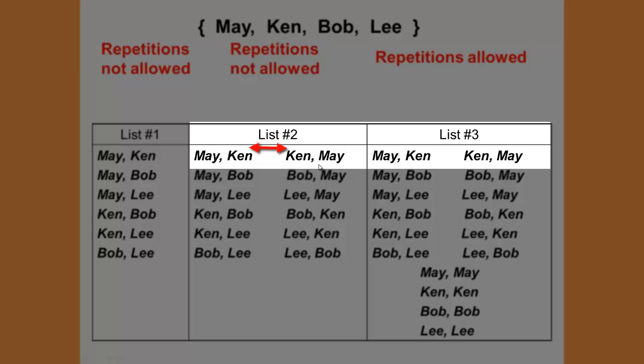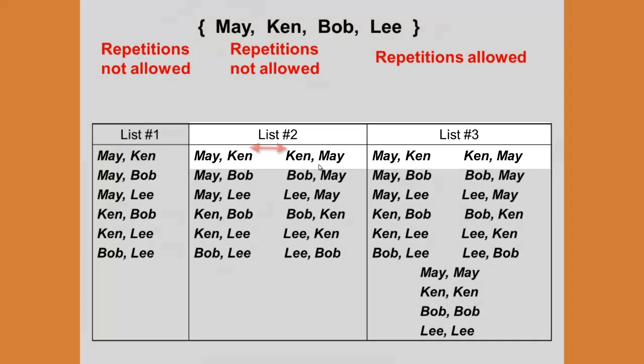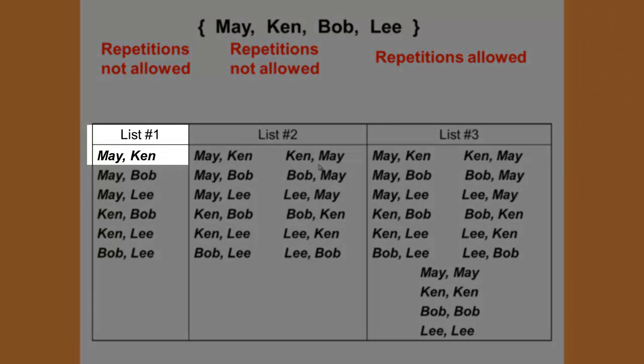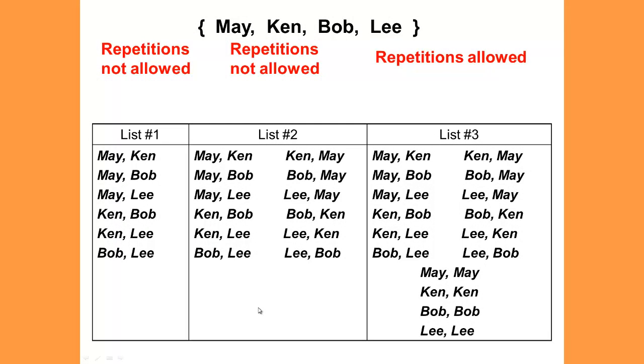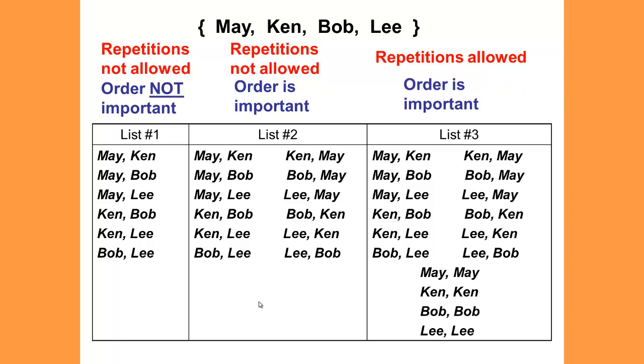That means order is important. In list 1, the change of order is not considered important, so Ken and May is really the same as May and Ken, so it's not listed as a different selection. So list 1, order is not important. List 2, order is important. And list 3, order is important.